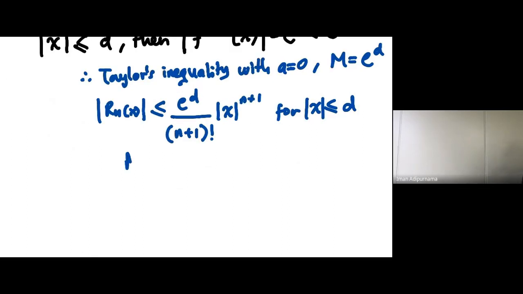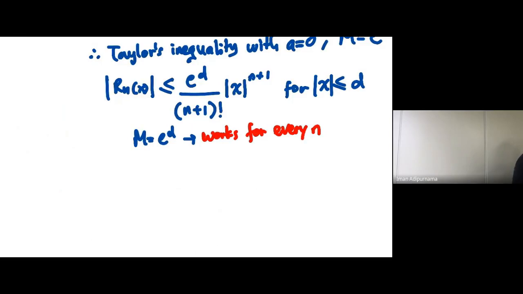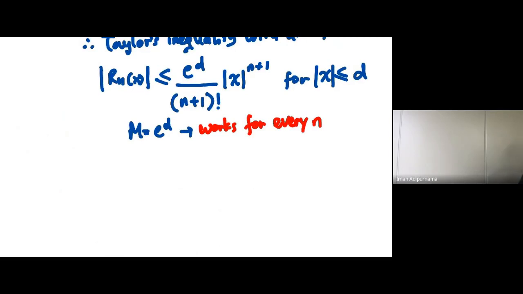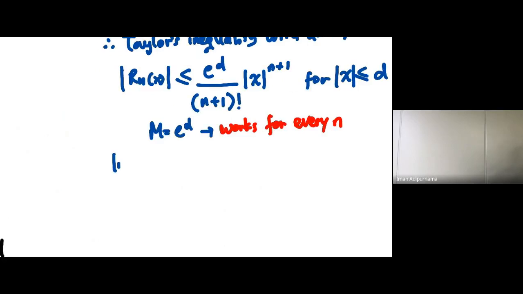And the M, this works for every n actually. If you put any n, e to the d is still the case, right? And now we have the limit. We are now taking the limit of our remainder.